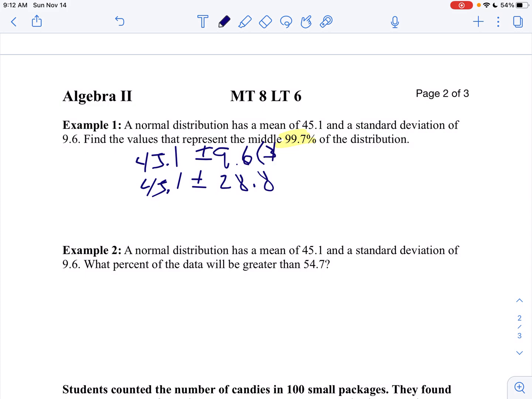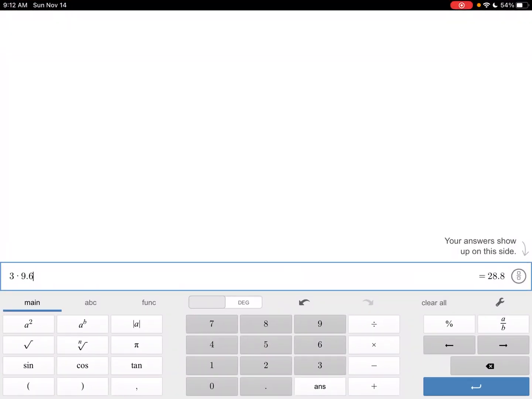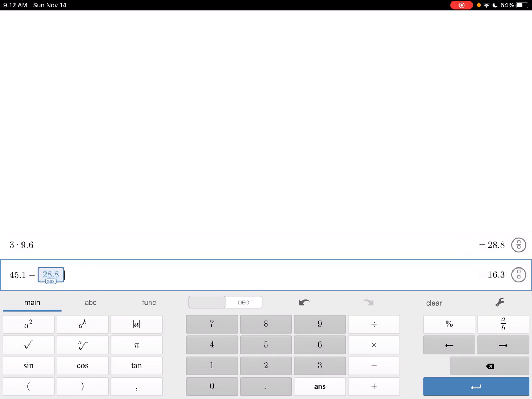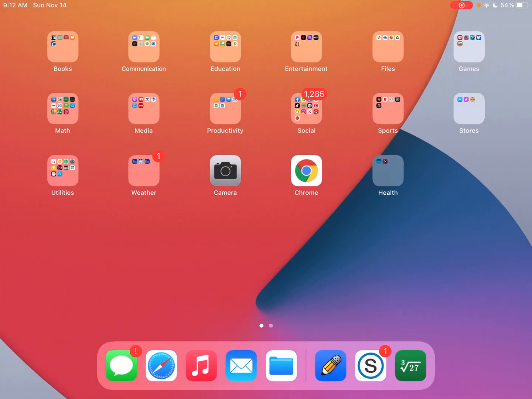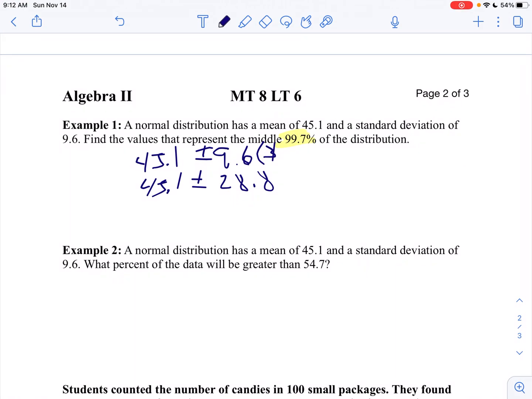So if I take 45.1 minus 28.8, I get 16.3. So that's the lowest value you would have.